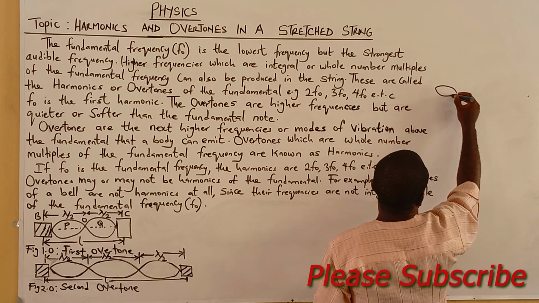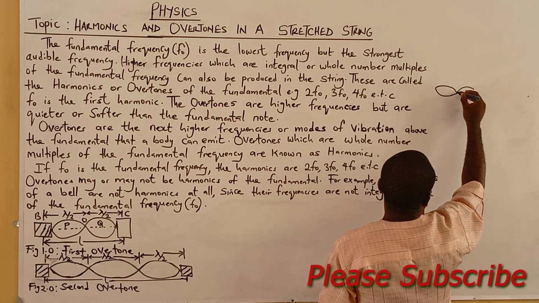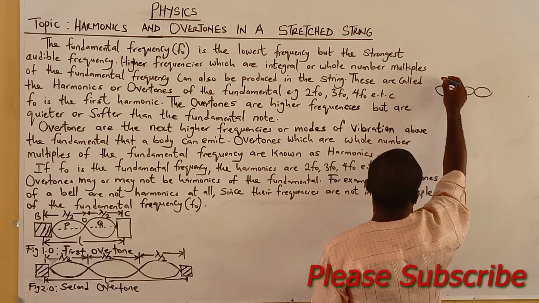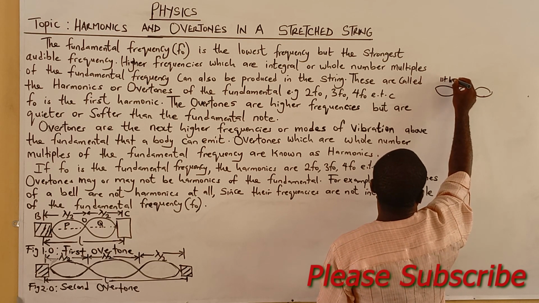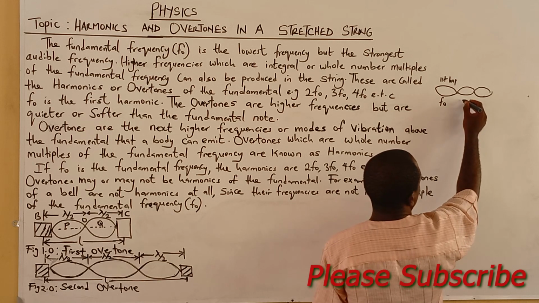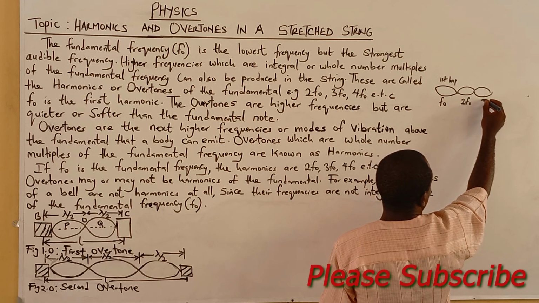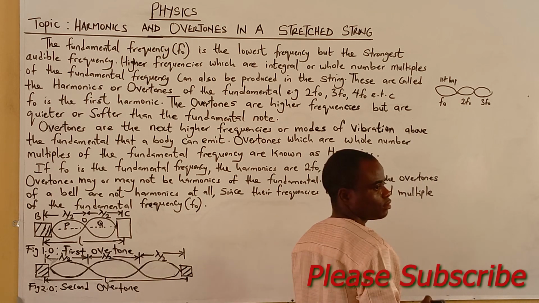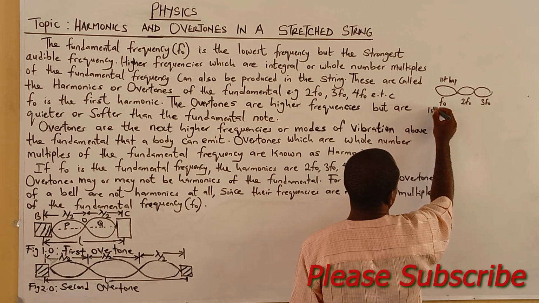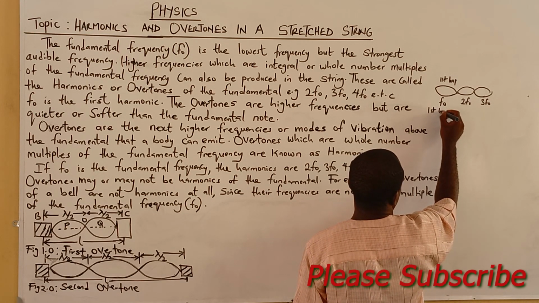Use the first loop, for example. You have the other ones coming, but use the first loop, and that's the F naught. You have the 2 F naught, 3 F naught. The first one is called the first harmonics.